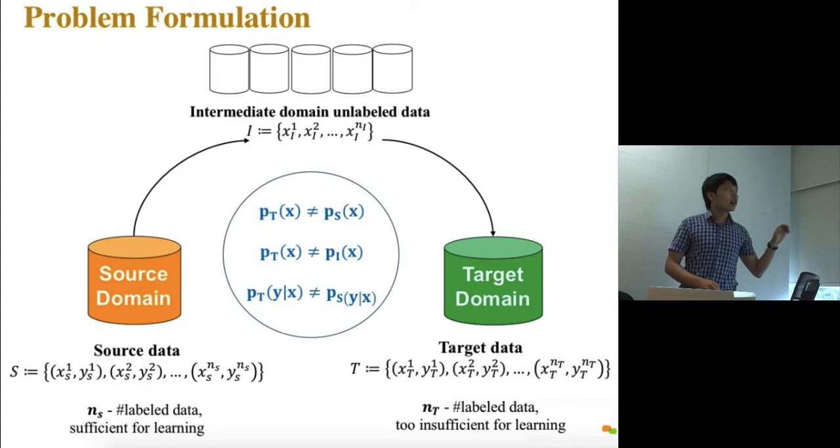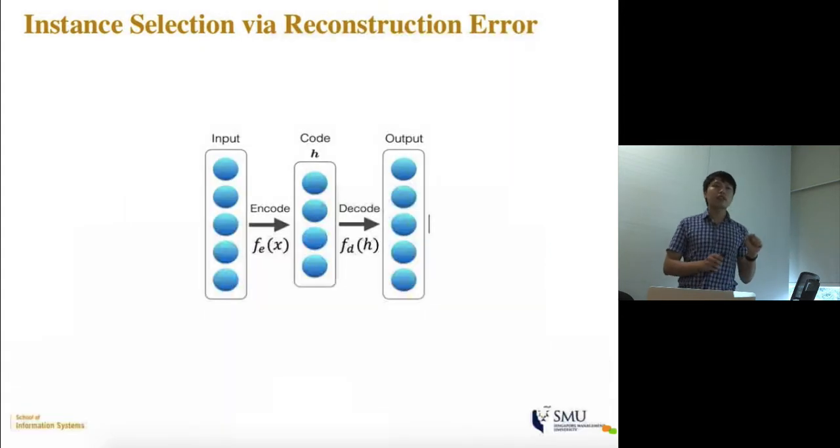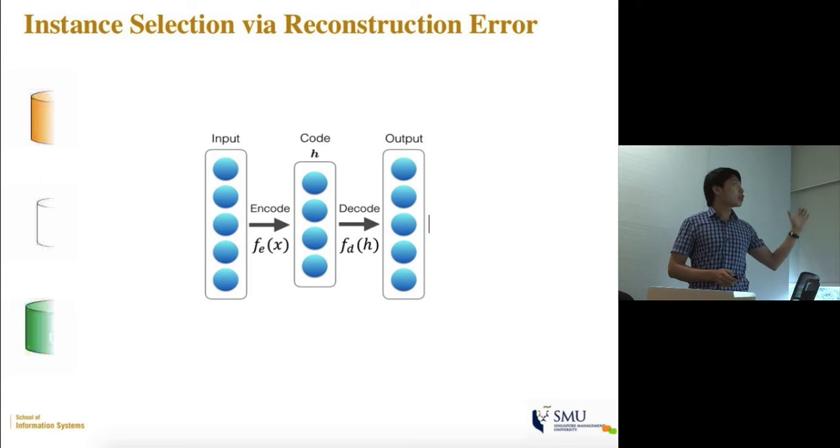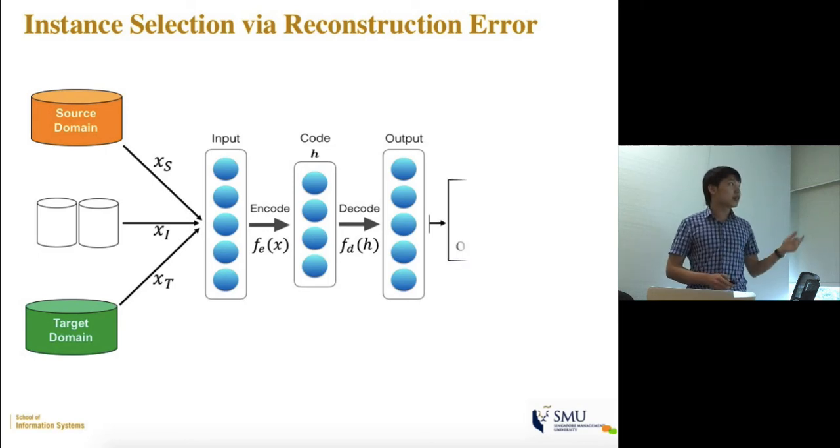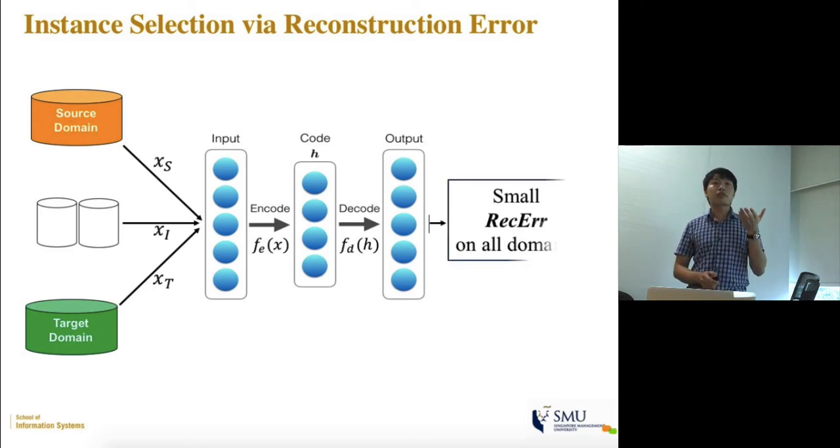So the idea of transferring knowledge from the source domain to the target domain using an autoencoder is as follows. Imagine that if one instance is useful for building a classifier in the target domain, then when you feed the instances from the source domain and the target domain into this autoencoder, it will induce a small reconstruction error on all instances.